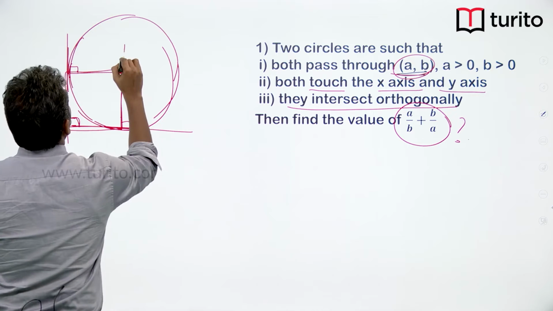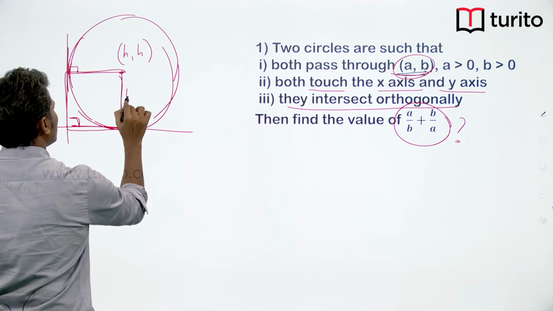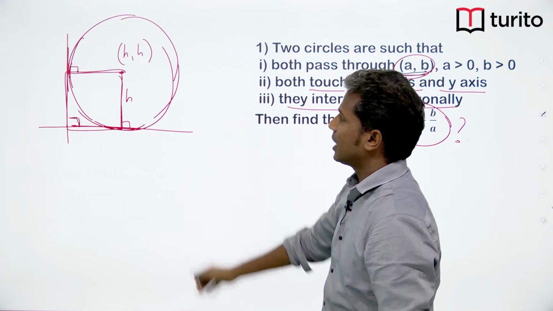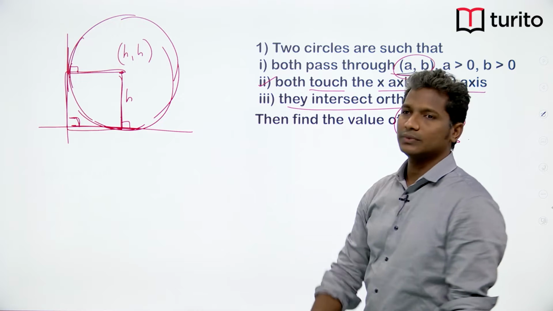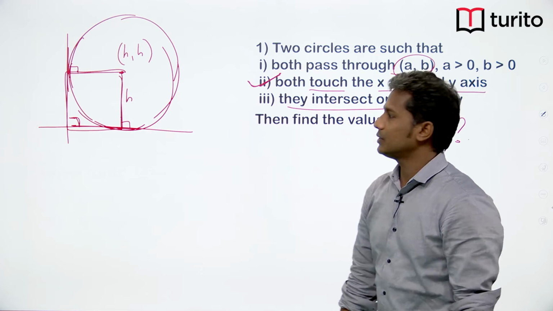So, if I take coordinates of center as h comma h, then radius also will be h. This is going to be sure. Okay. So, that is the first idea that I deduced from point number 2. I used the data from the point number 2.